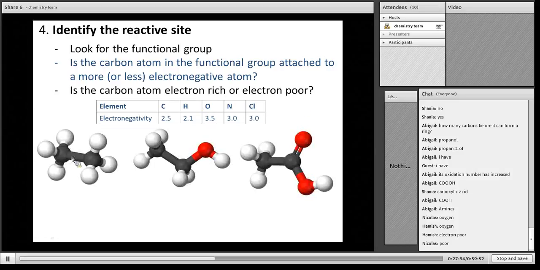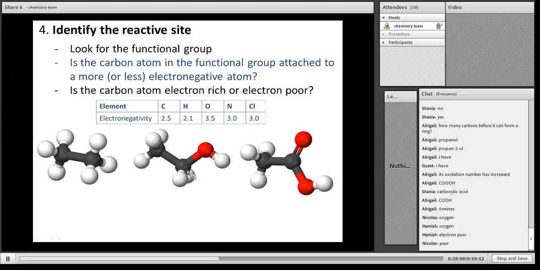So here's an example where I've got ethane, ethanol, and ethanoic acid. If I look at these carbons, they're bonded onto hydrogens, which is actually less electronegative. So these carbons are actually more electron rich rather than electron poor. If I go to the ethanol, this carbon is bonded onto hydrogens, so this one is electron rich, because remember, hydrogen is not attracting those electrons as strongly.